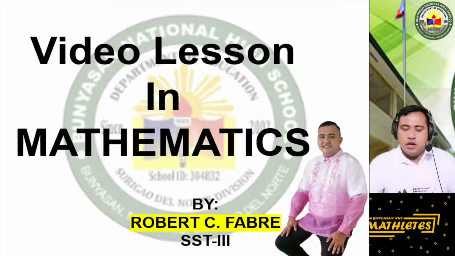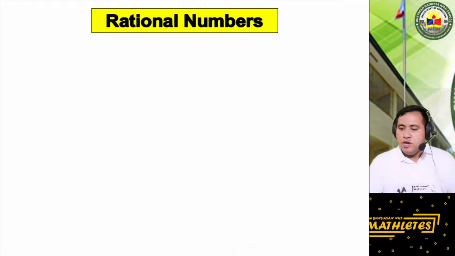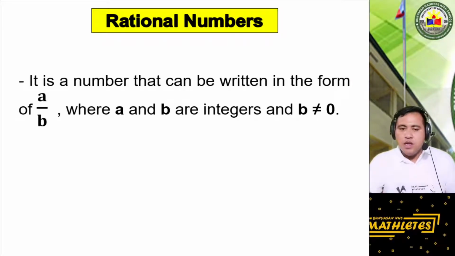Okay, so we have rational numbers. It is a number that can be written in the form of a over b, where a and b are integers and b is not equal to 0. Take note, where a and b are integers.